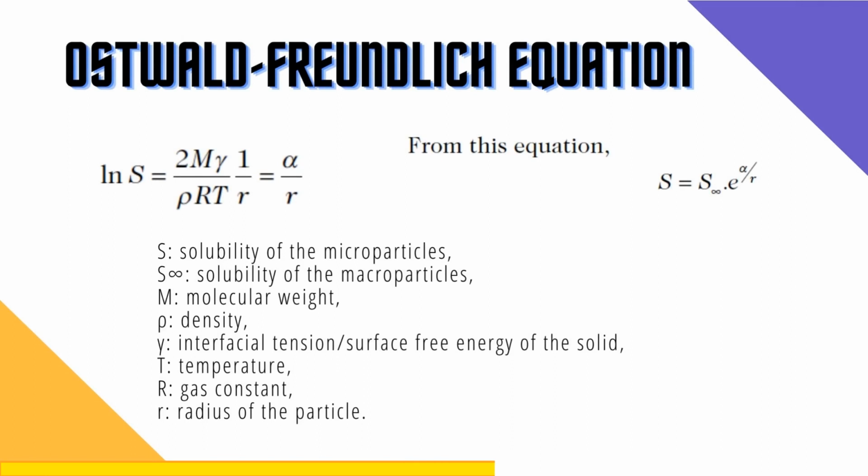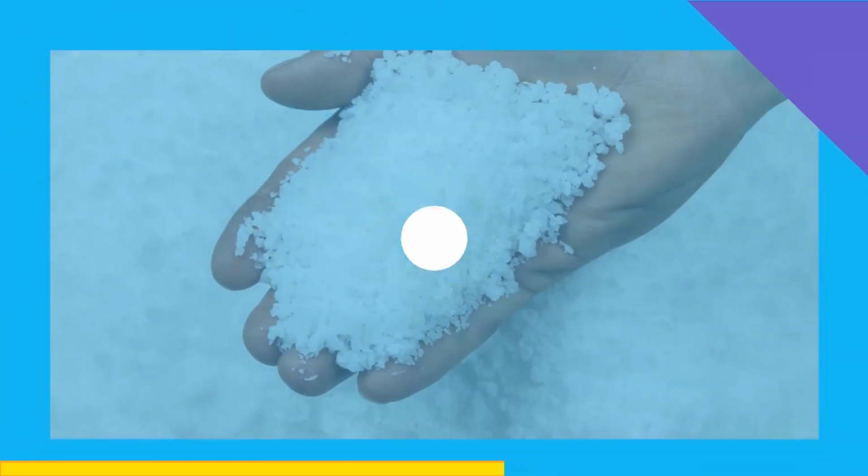On the right-hand side of the simplified version of the equation, as you can see, S refers to the solubility of the microparticles. However, if you want to reduce the S, you actually need to reduce the r, which is the radius of the particle, to a micro level before it can actually cause a change in the solubility.